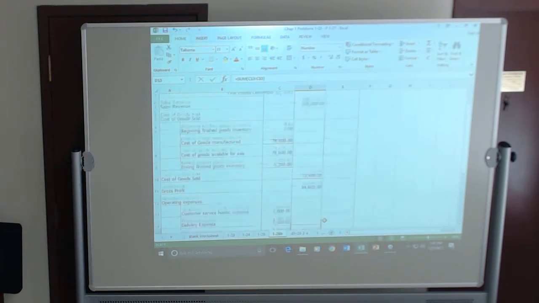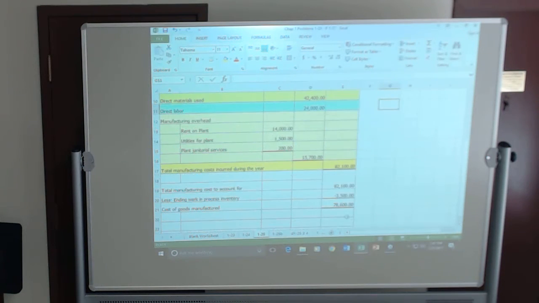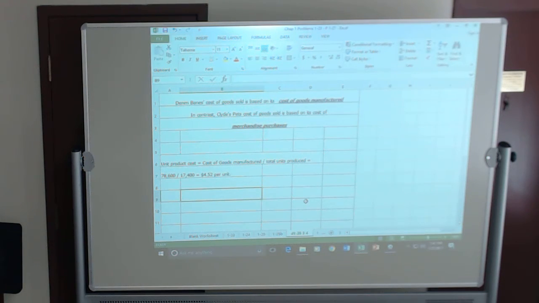Cost of goods manufactured is 78.6 divided by the total number, which was 17.4, equals $4.52 per unit. We could go back and also figure what he sold them for. But we're not going to do that.